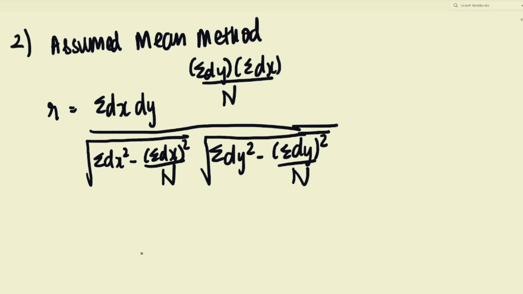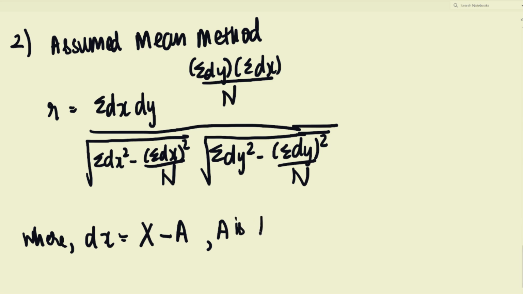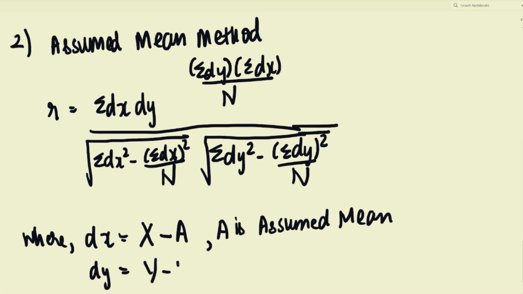It's very important, as we have to use this formula in the majority of cases. Here dx is calculated by capital X minus a, where a is the assumed mean. dy is y minus b, where b is the assumed mean.